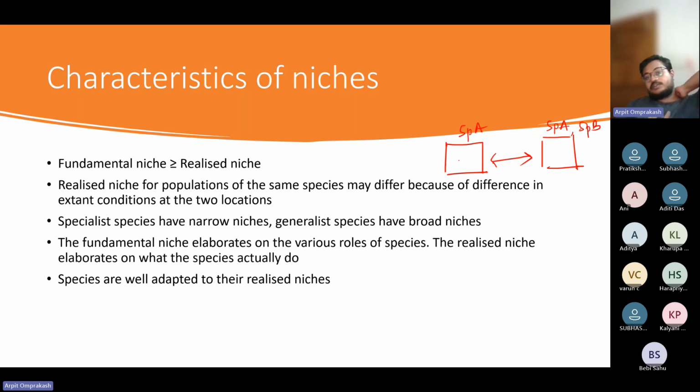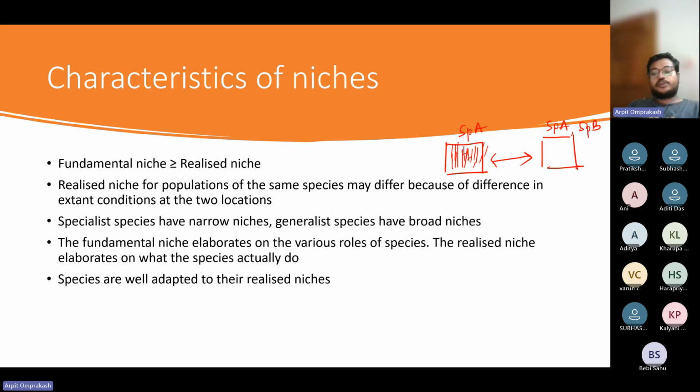Let's say species A is bamboo, and species B is elephants. Elephants eat bamboo. Since there are no elephants in this region, this bamboo can occupy a very large area and it can occupy most of its fundamental needs.